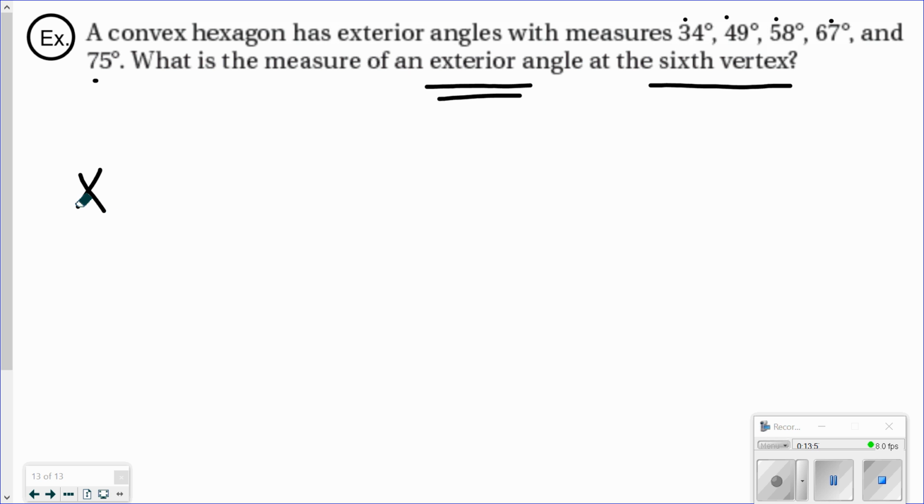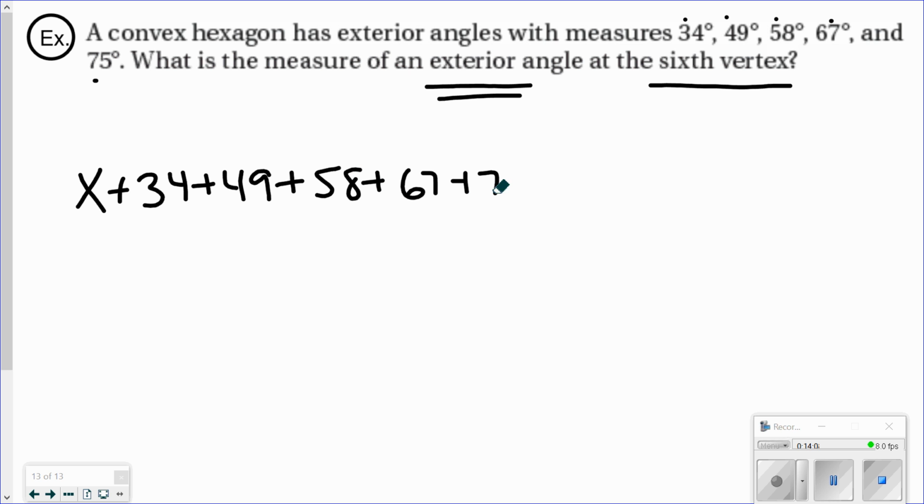So I have x, which I'm looking for, plus 34, plus 49, plus 58, plus 67, plus 75. That's equal to 360. Let's see if you can figure out what is x. And you should get that x is equal to 77.